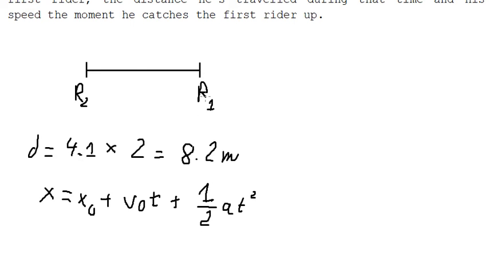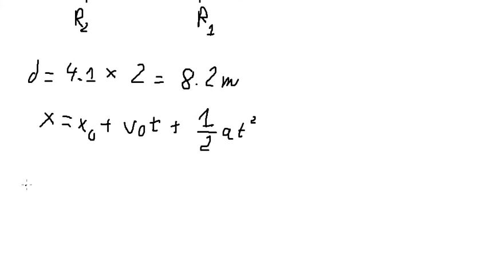So for rider number 1, we will have S equals S0 plus V t, because rider number 1 starts 2 seconds ahead. So we have the new location, which is 8.2.